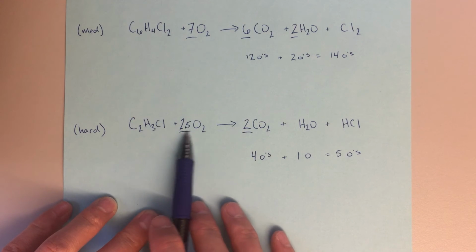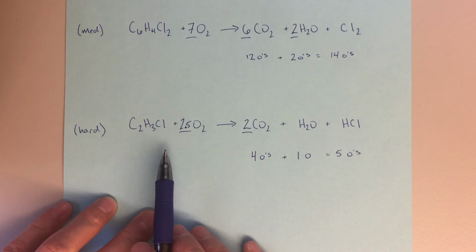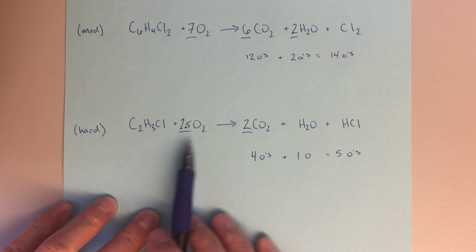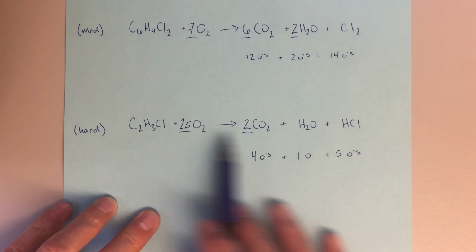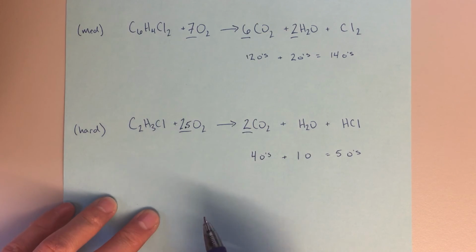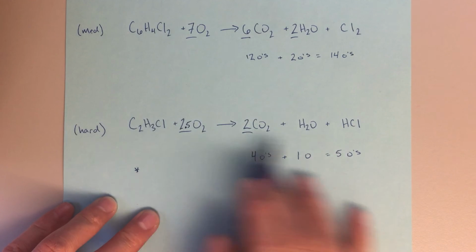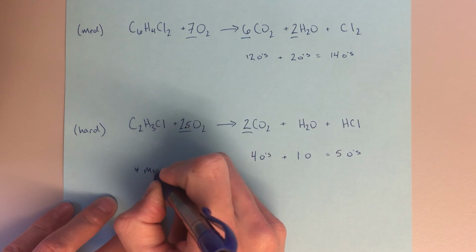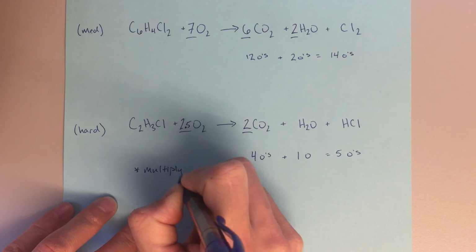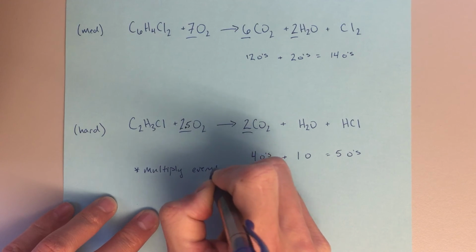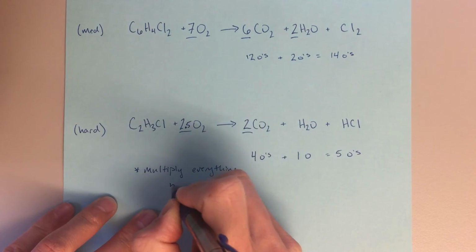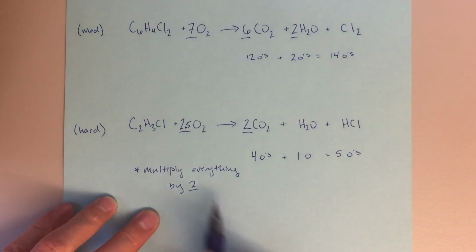Unfortunately, it doesn't really make sense for us to say that we've got 2.5 oxygen molecules because we can't really just break that oxygen molecule in half. So once we get to this point, that's a good spot to be, but now, in order to fix this up, we can multiply everything by 2.